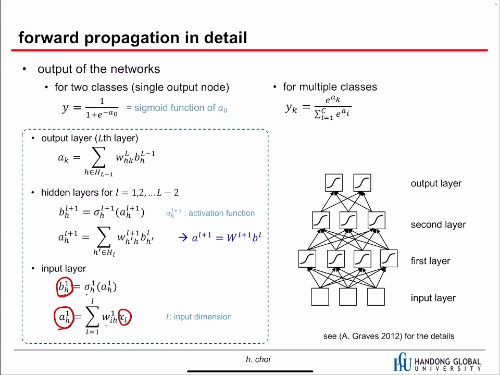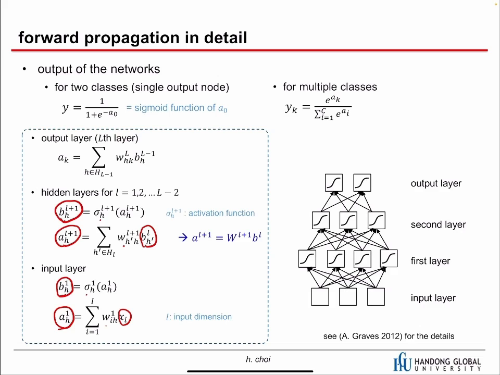The first layer is different from other layers, and the last layer is different from other layers, but in the middle, all the layers have the same kind of formula. Let's say we have BL, then we multiply this matrix, and now we have AL plus 1, and we apply the nonlinear function, now we have BL plus 1.